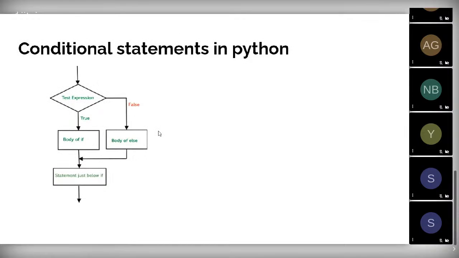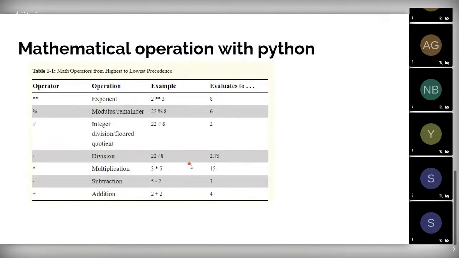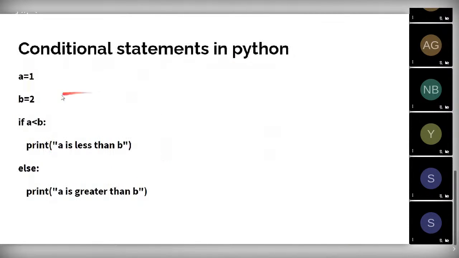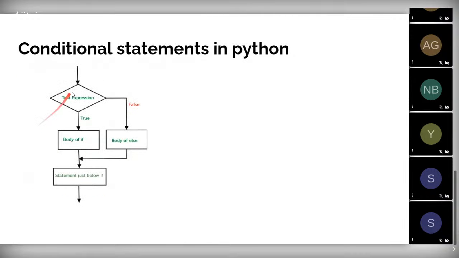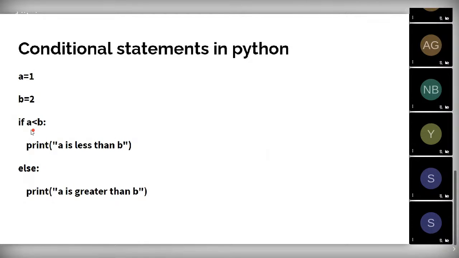Is it clear, everyone? Can all of you understand this image? If you understood this image, you can understand this statement also. In this case the test expression is a less than b, and we are writing if a less than b, print a is less than b.